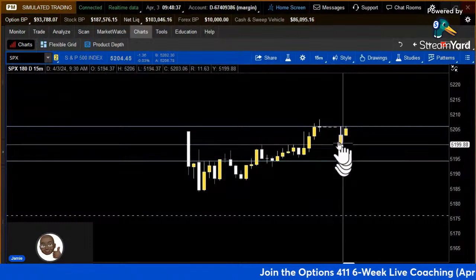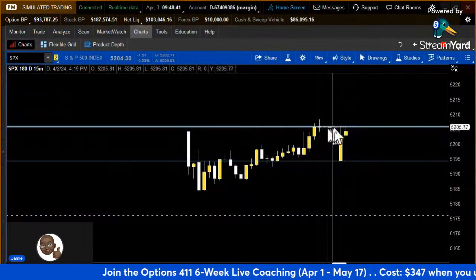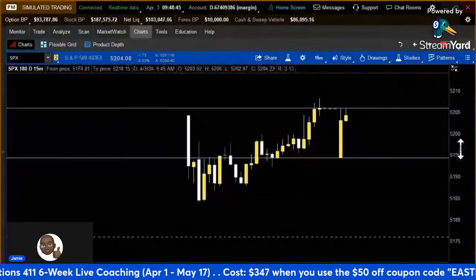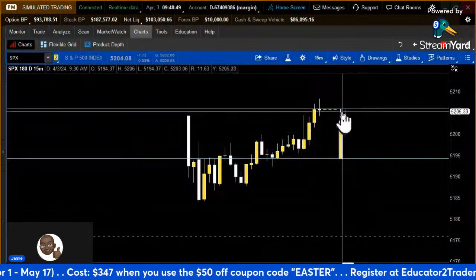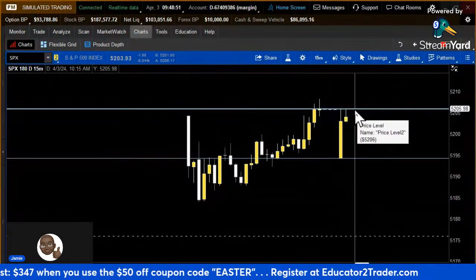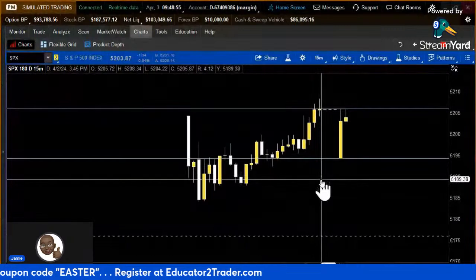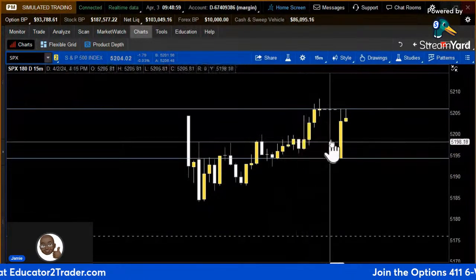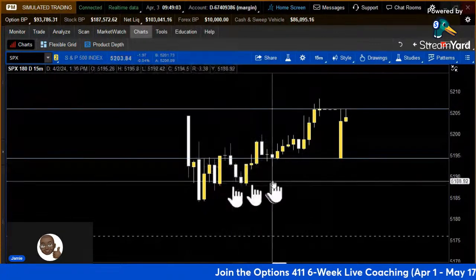So here we go. This is retesting off of its close from yesterday. That's what's happening so far. Dropped down, pushed up, and now it's pushing off of that 5205. So we will definitely be watching that as the day progresses. On the 15-minute chart, though, you can also see that there's a strong buyer zone down here.